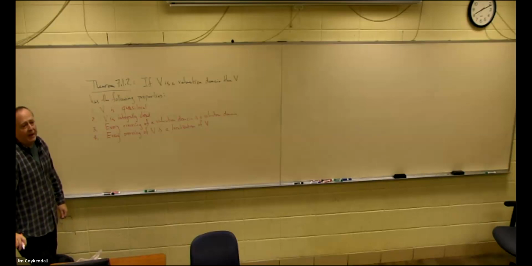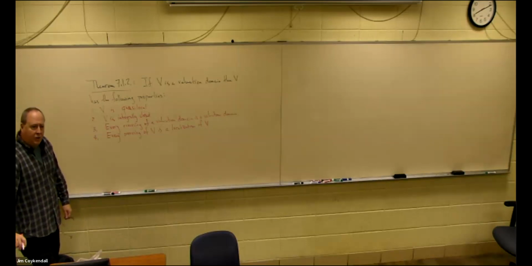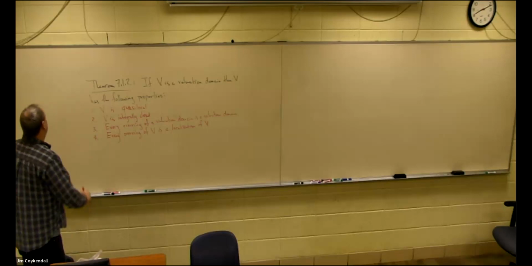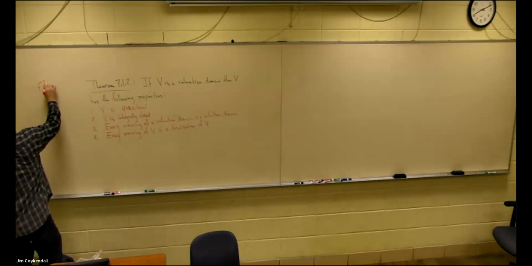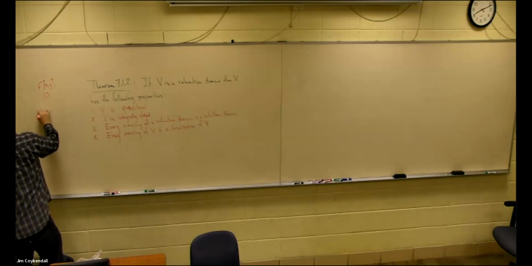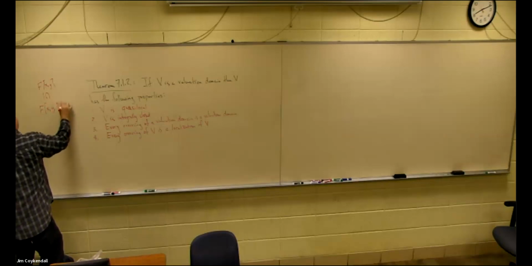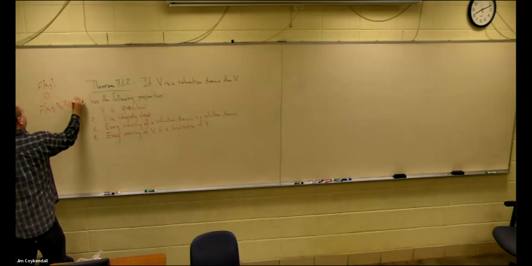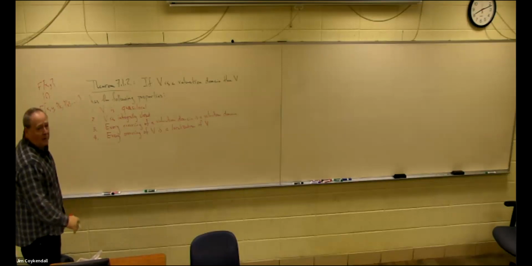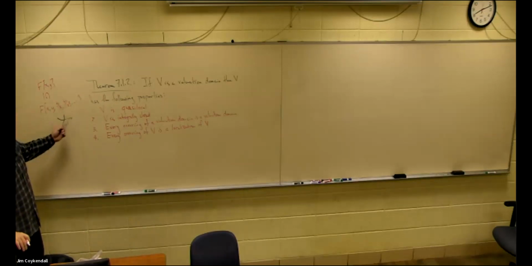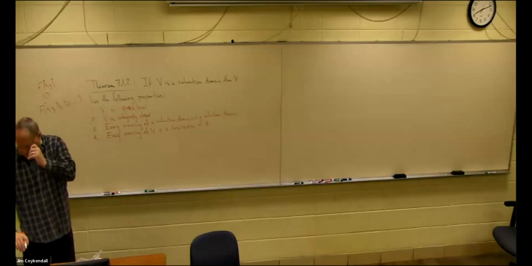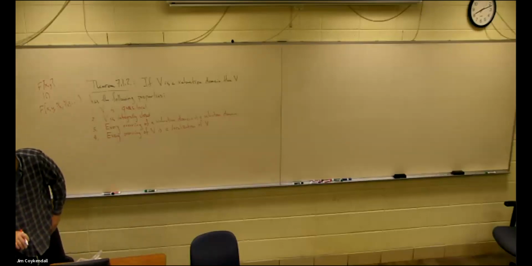It is true for PIDs, but even for two-dimensional UFDs, if you look at a polynomial ring over a field in 2 variables, F[x,y], this is contained in F[x, y, y/x, y/x squared, ...], forever and ever. In fact, you could even stop at some point. This is an overring, it's not a localization. So this almost never happens.